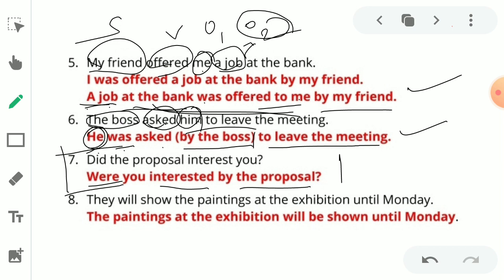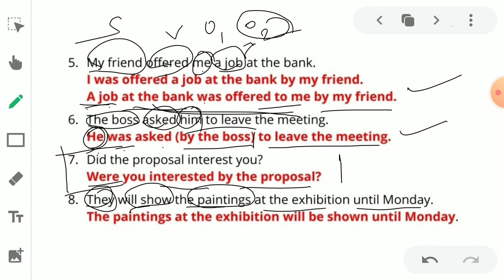Okay. They will show the paintings at the exhibition until Monday. Here, they will show the paintings at the exhibition. You can also take or place it at the end. No problem.